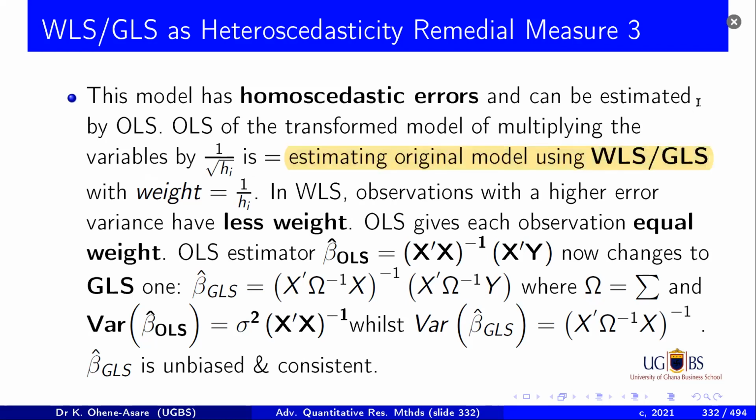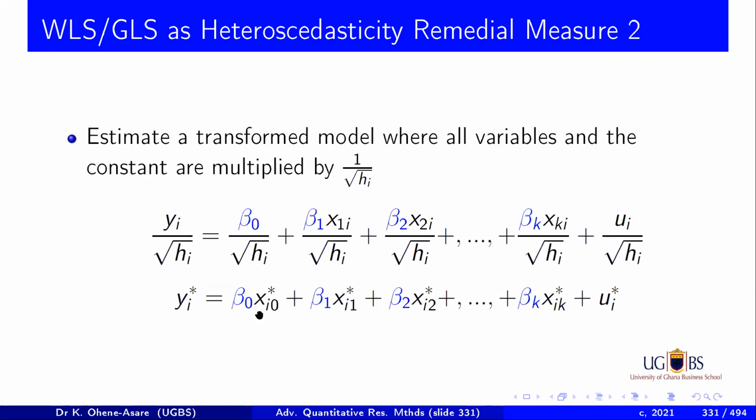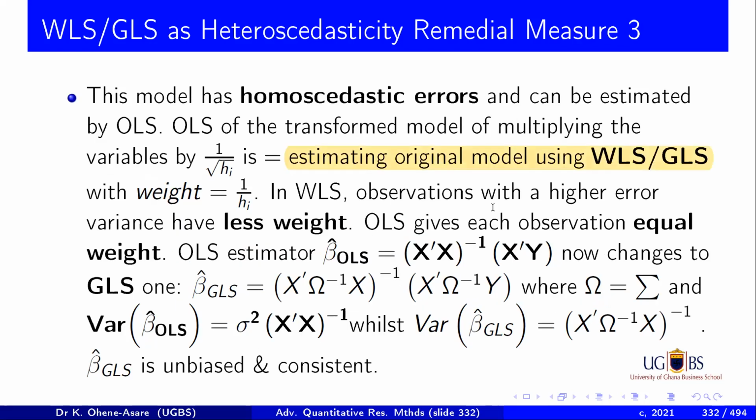So estimating this new model by OLS is like estimating the original model I showed you up here by GLS or weighted least squares. GLS is generalized least squares. And when you hear the word weighted, it means that there's a weight.